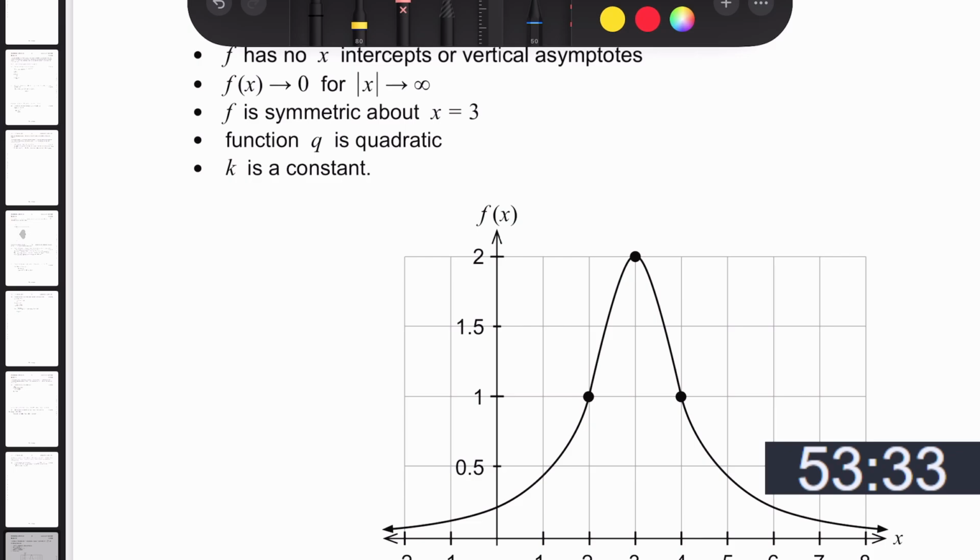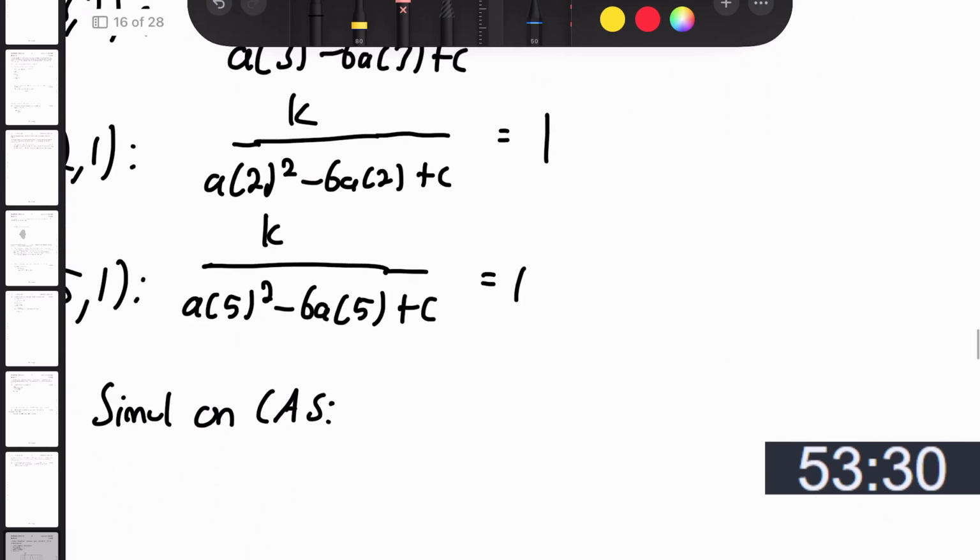If I do it with 2, I get that x is equal to 8.